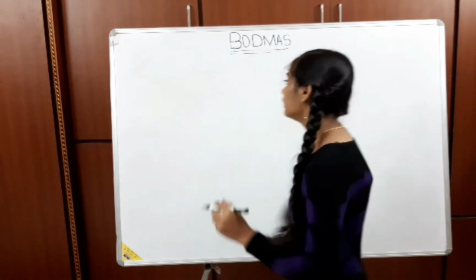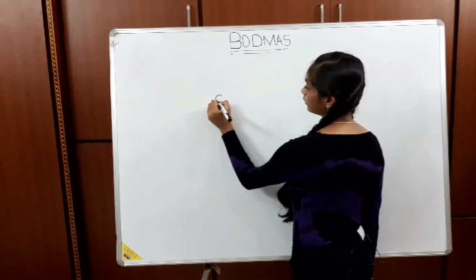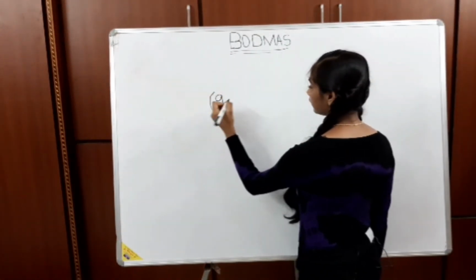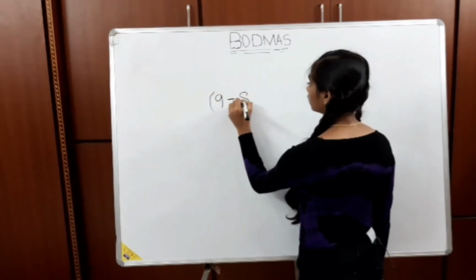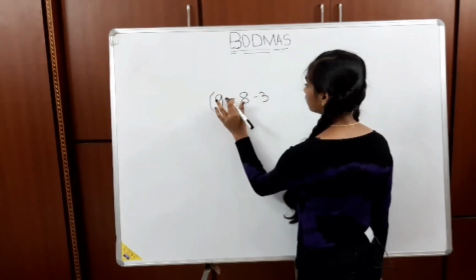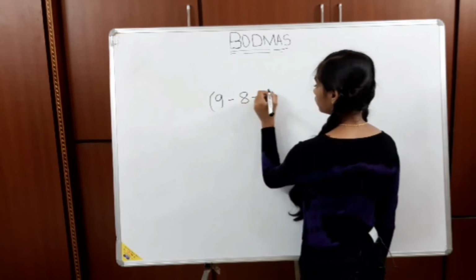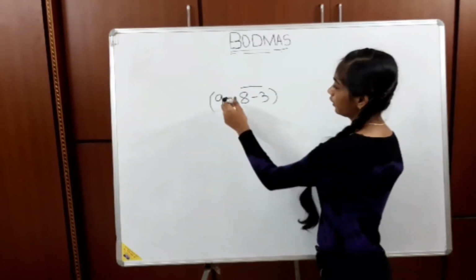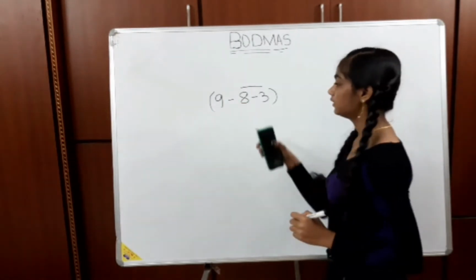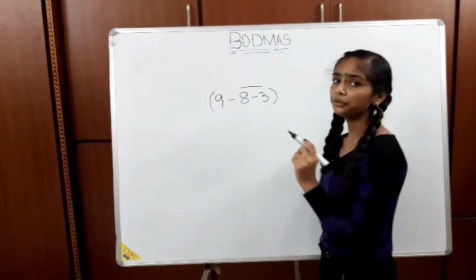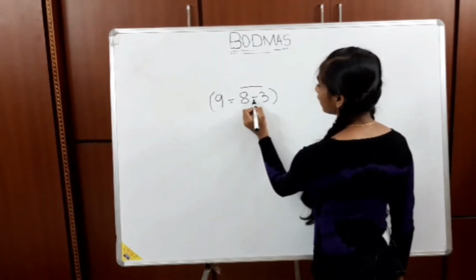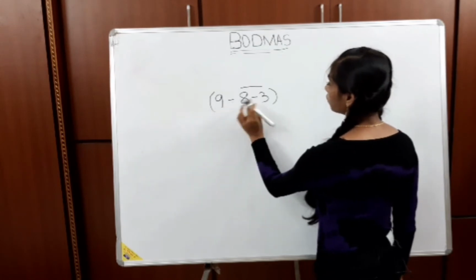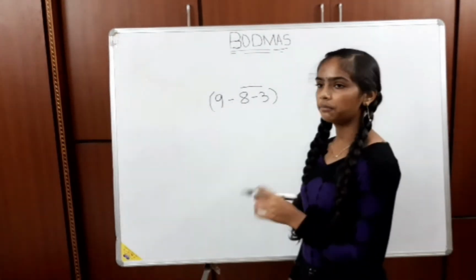That means if there is an expression like 9 minus 8 minus 3, where the 8 minus 3 has a vinculum, first we should solve 8 minus 3. Some people will think that here is minus and here is minus, so we want to do plus and 8 plus 3 like that.